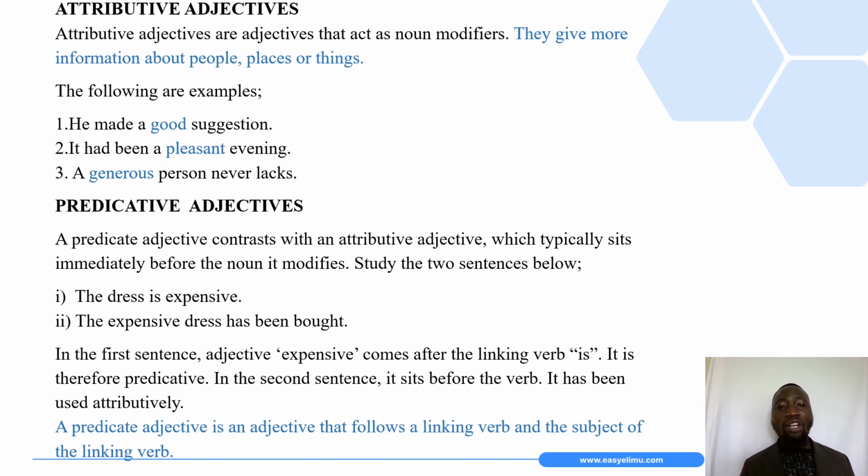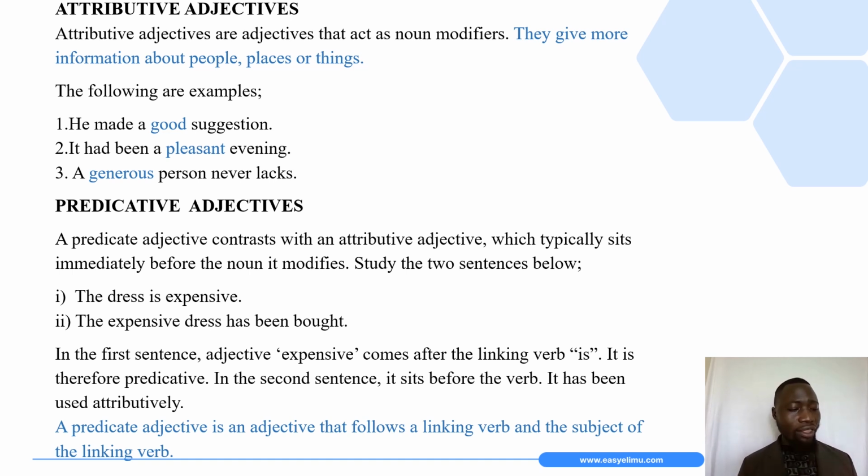So the noun comes after them. So if we have sentences with adjectives appearing before the noun, then just know that those adjectives are used attributively.